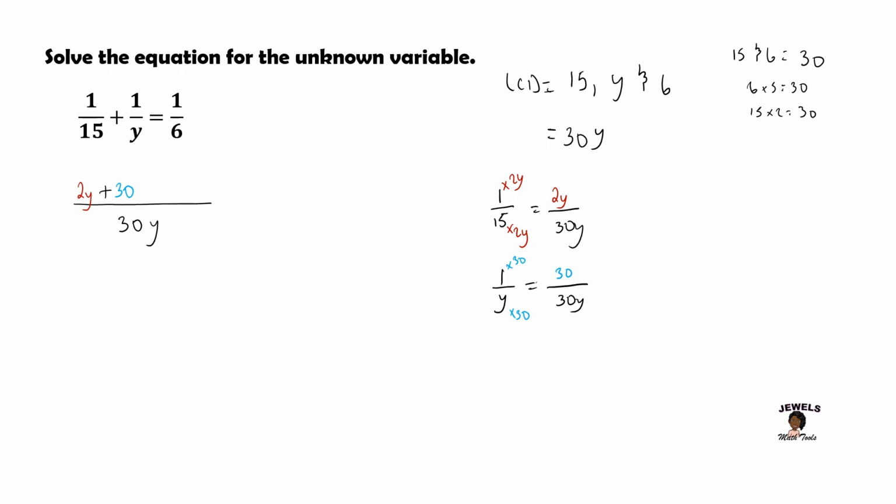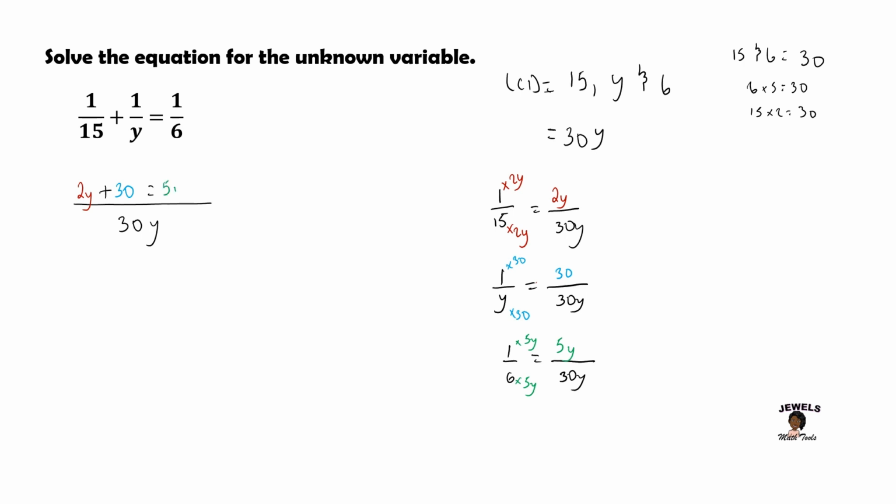And now for my final fraction, which is 1/6. We have 1/6, which needs to be equal to 30y. For my 1/6, I will be multiplying by 5y, because 5 times 6 is 30, and 30 times y is 30y. So my 1 will be multiplied by 5y, so we will have 5y.